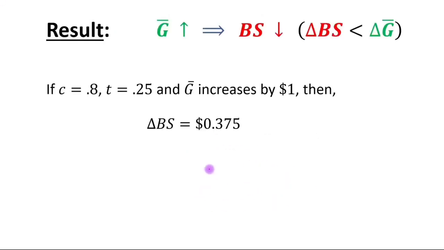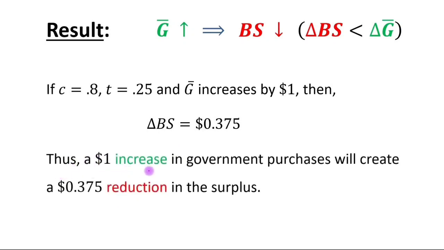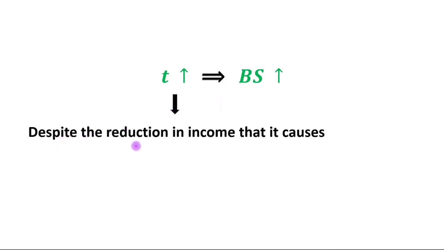Thus a $1 increase in government purchases will create a $0.37 reduction in the surplus. In the same way, if tax rate increases, then budget surplus will be increased, despite the reduction in income it causes.